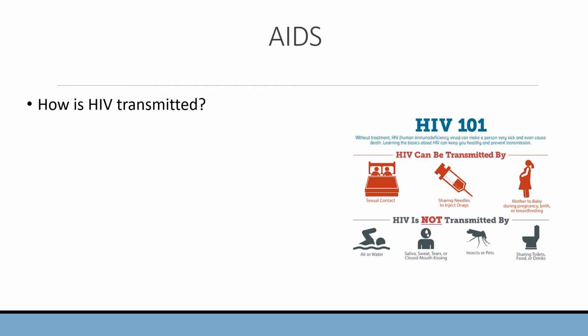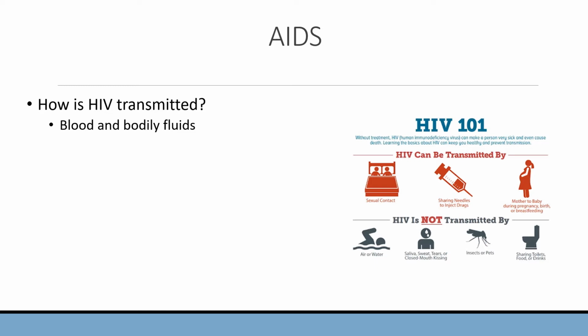So how is AIDS transmitted then? It is transmitted by body fluids and blood. It is living in there and taking over. Helper T cells are in our blood and our body fluids, so anything that can transfer those body fluids can transfer the HIV.